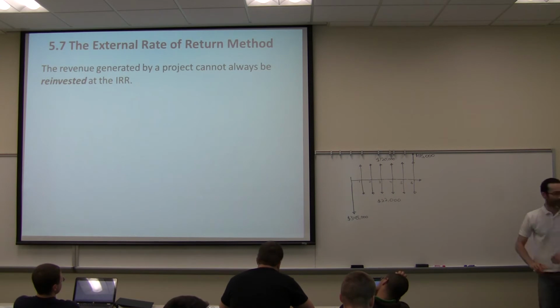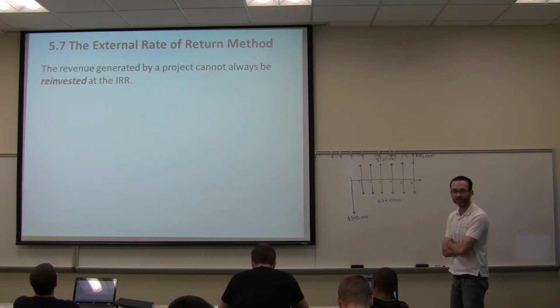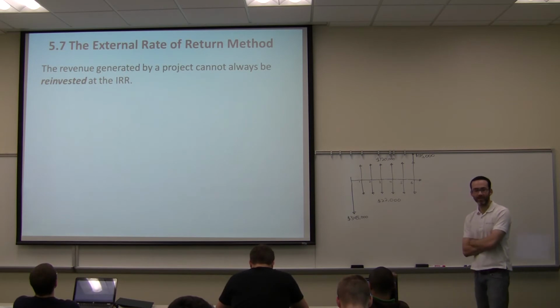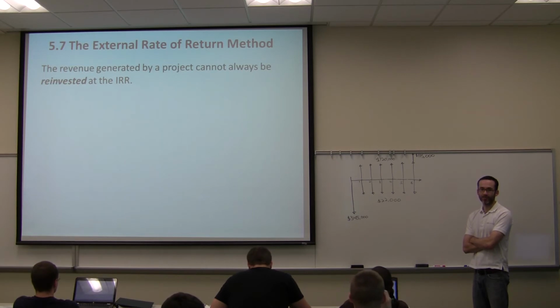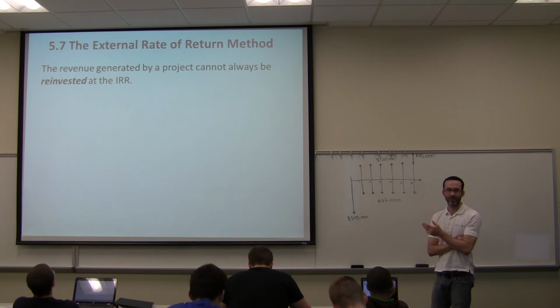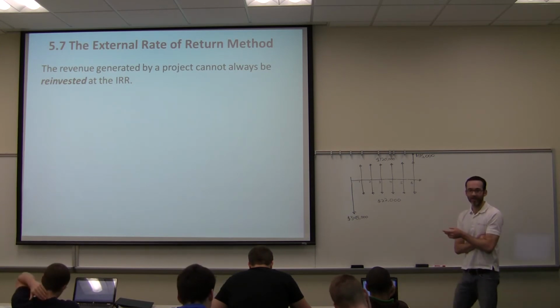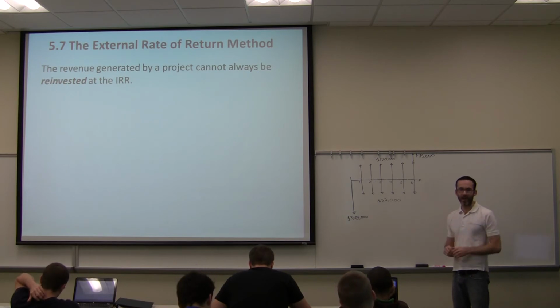All right, external rate of return. Remember, our assumption from the internal rate of return is that all of the cash flows are being discounted to the present based on the assumption that the money can be reinvested at the IRR. So if you have a housing complex that's yielding you a 5% return, it's not always possible to take whatever your income is from that and put it right back into the housing complex.